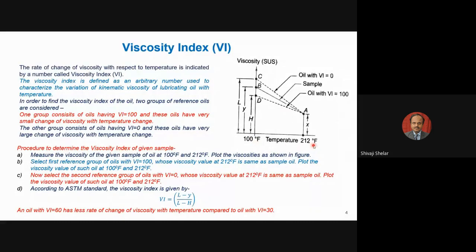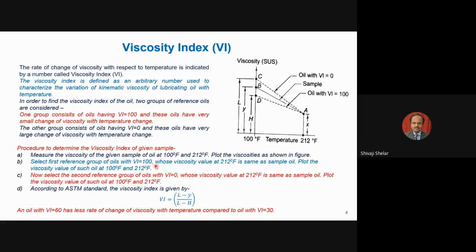So the first step is to take the given sample, measure the viscosity at 100 and 212 degrees Fahrenheit, and plot on the temperature graph. You have the X value and Y value, so plot point A and point B, and join them. Next, select the first reference group, that is the group with VI 100.